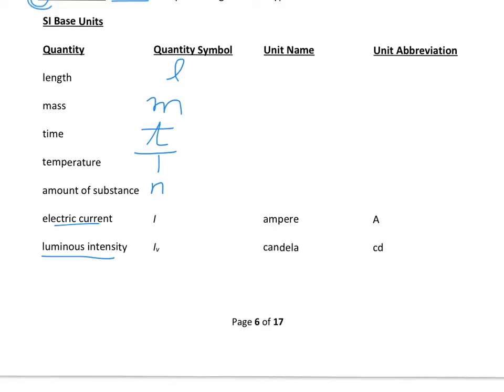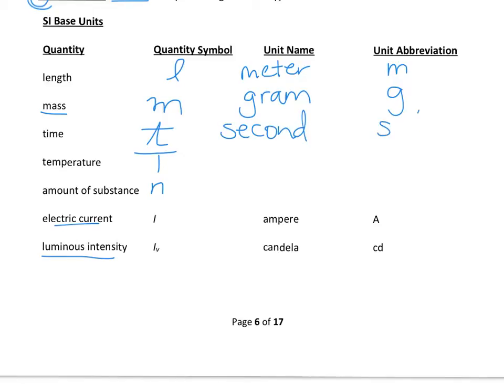The unit name for length, the SI base unit, is going to be meter, and that abbreviation is a lowercase m. The unit for mass that we use is the gram, lowercase g. Time is the second, lowercase s, and you will also see it like this sometimes.